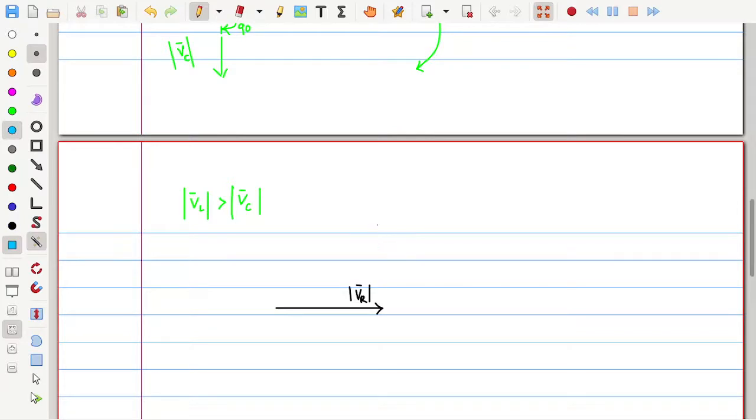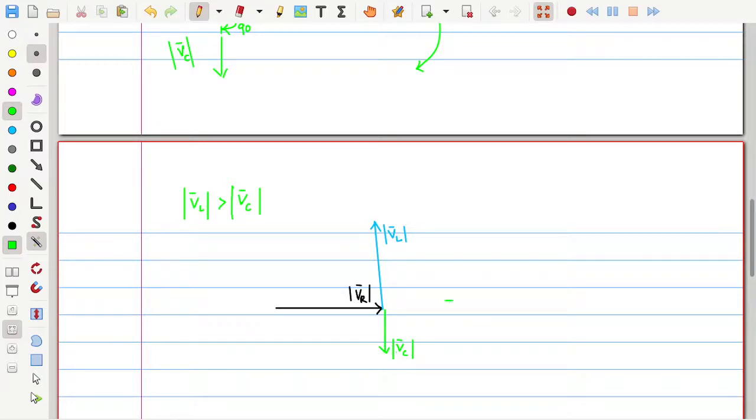VL is more value, so I am trying to put VL on the tip of VR. This is the VL magnitude, and VC magnitude is downward, but it is lesser value. Now see that this is VR, this is VL, this is VC.